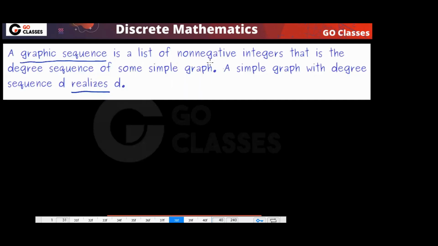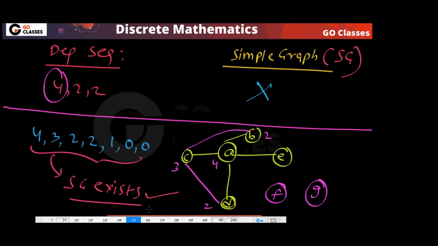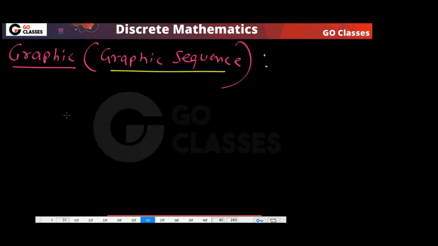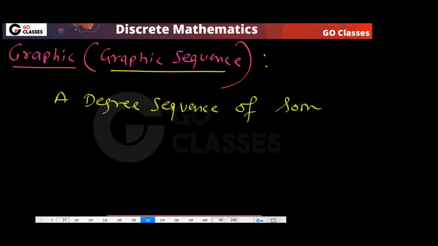A graphic sequence means a degree sequence for which a simple graph exists. I can say this is the degree sequence of some simple graph. This is the definition of graphic sequence.